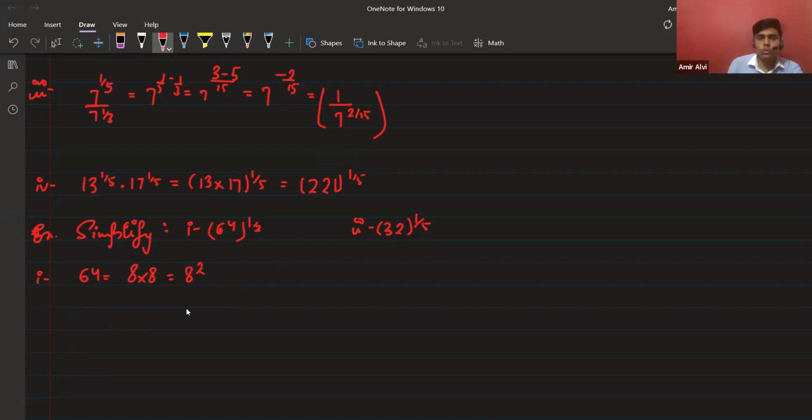Yes. So now we are taking them in brackets: 1 by 2, and the bracket is there. Now tell me, Simrat, what will you do after this?